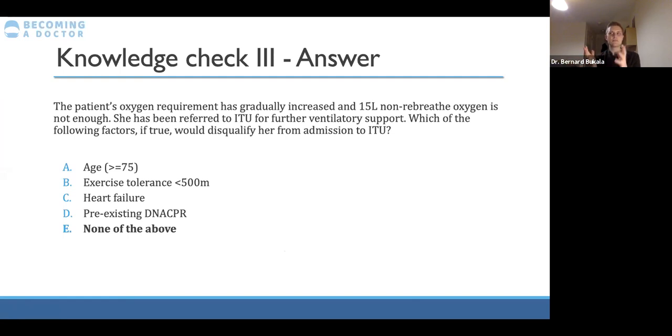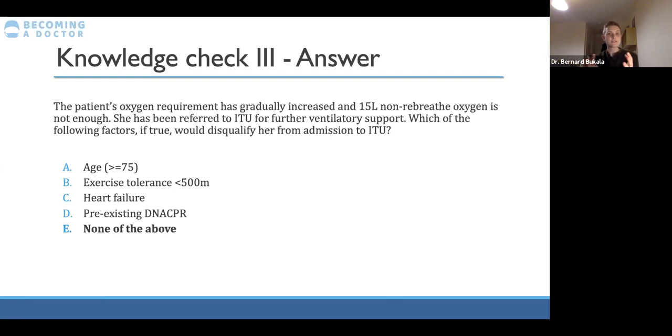The only maybe disqualifying factor is if somebody is literally in their last moments of life, or if they're at the very, very end of life. That might be a complete disqualification from coming to ITU. But in terms of ITU, we always consider what can we offer this patient and what's going to be the outcome. Are we going to have a good outcome, or are we going to have a very bad outcome? Are we actually going to make their quality of life worse?